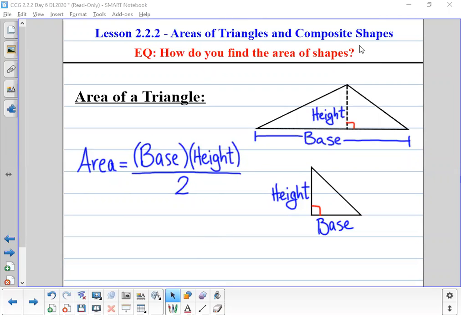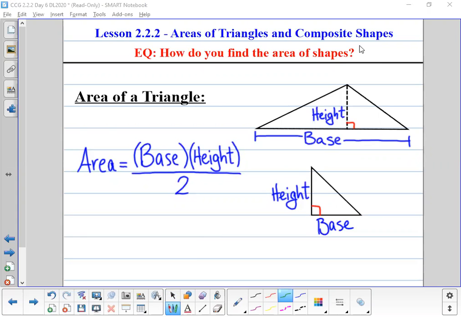The area of a triangle is always going to be the base times the height divided by 2. So the thing that you need to keep track of is which side you are using as the base. You can use any side of the triangle as the base, but whichever side you pick as the base, you have to make sure you are using the correct height for that side.